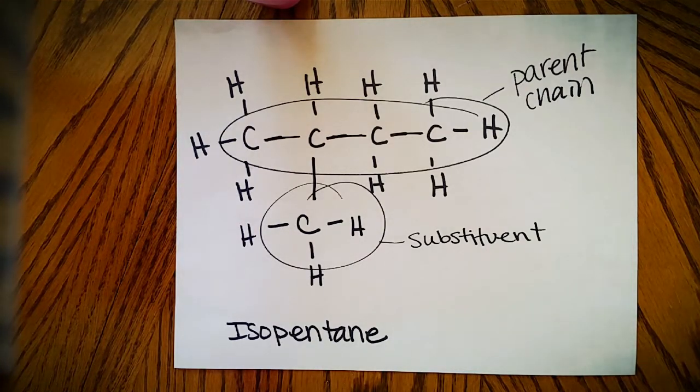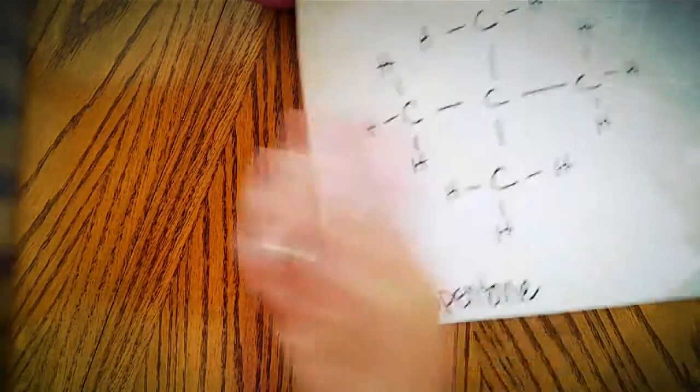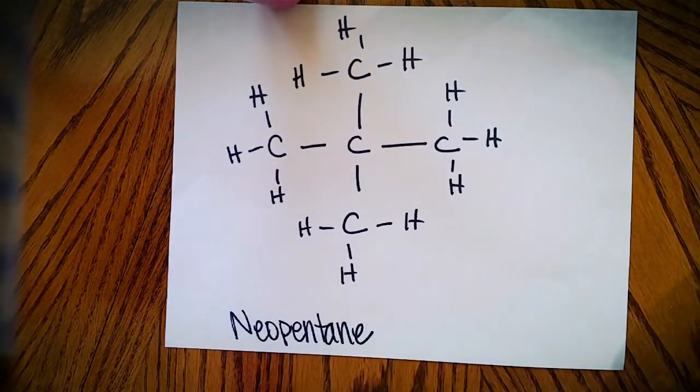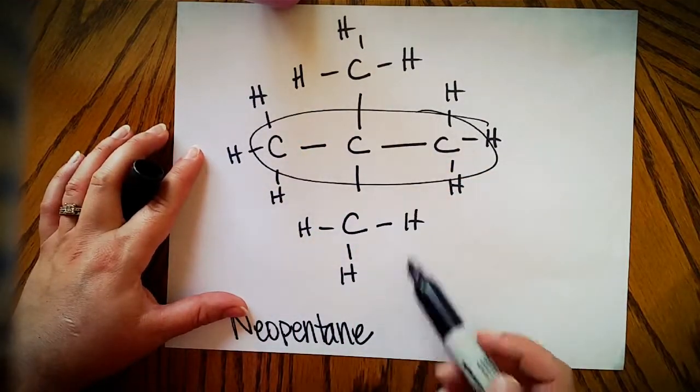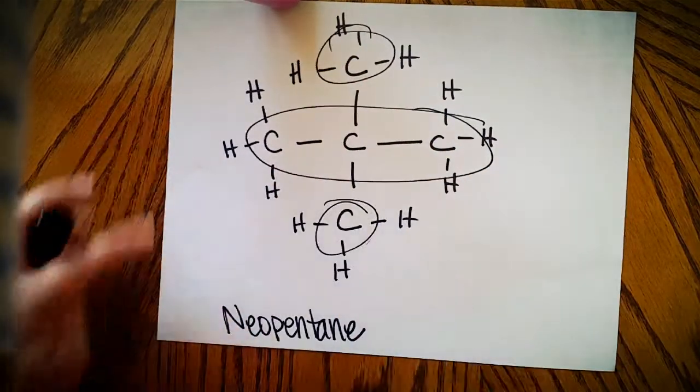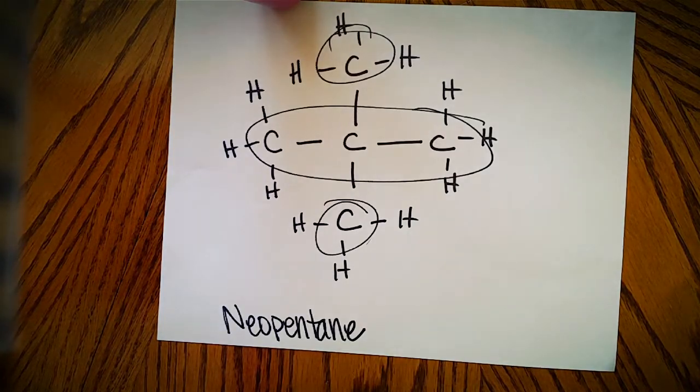So here's another example of a more complicated hydrocarbon that is not a normal alkane. Again, this would be my parent chain, and this time I have 2 substituents hanging off of there.